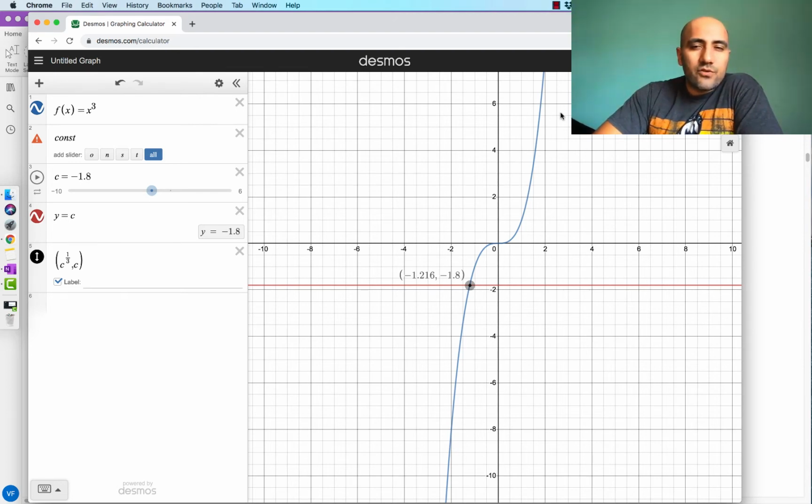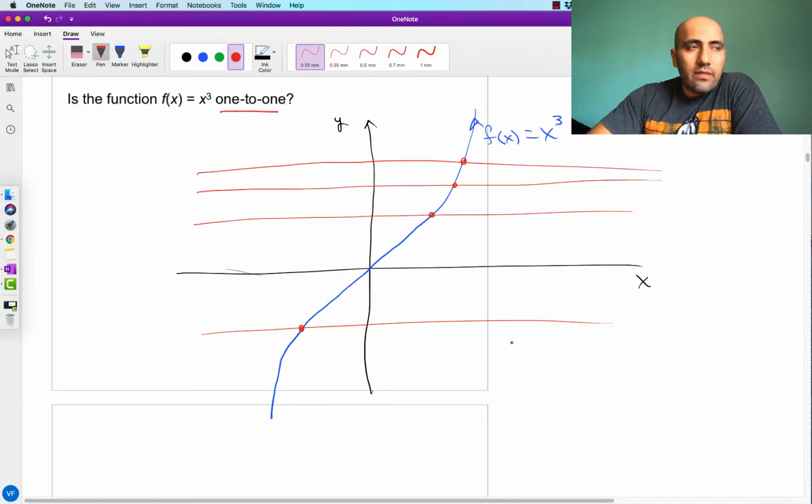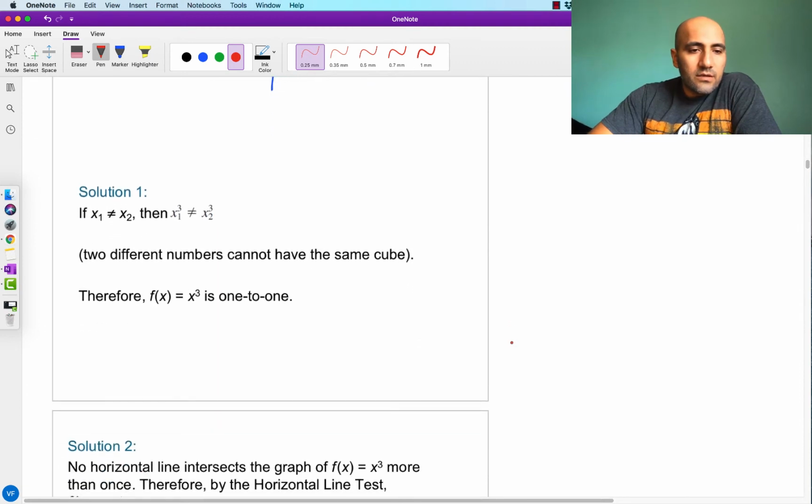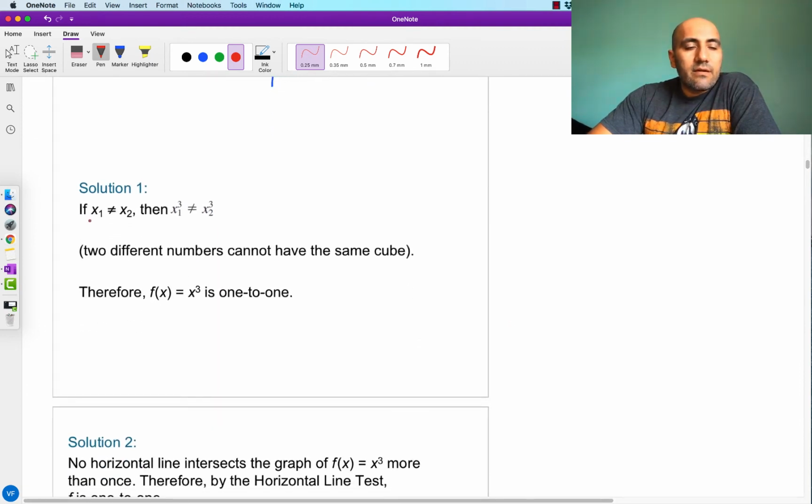Another way would be to just rely on your understanding of the curvature and note that, here's one of the solutions. If x sub 1 does not equal x sub 2, then x sub 1 cubed does not equal x sub 2 cubed.